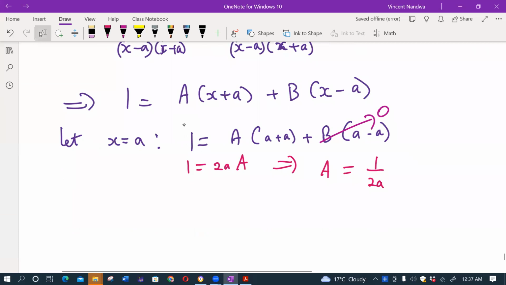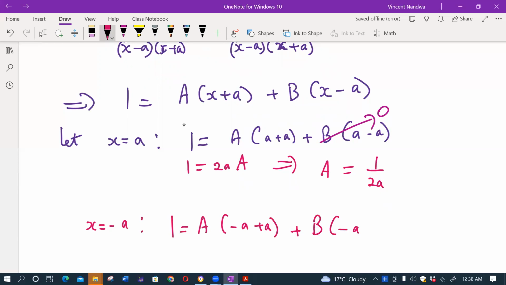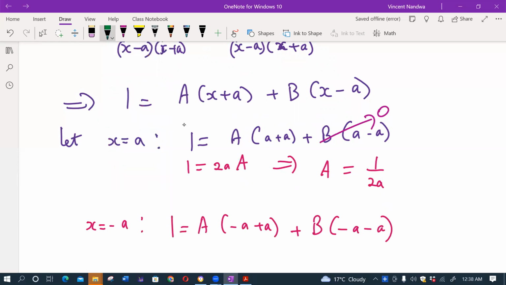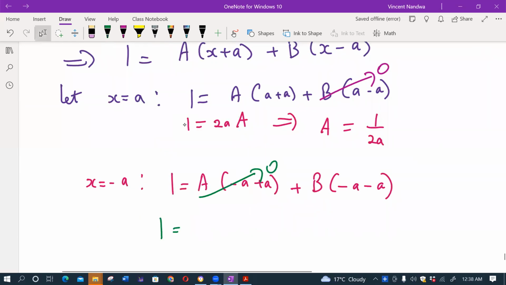Then we let x be negative a to eliminate A, so that we have 1 is A into (minus a plus a) plus B into (minus a minus a). By simplifying, this part will be 0, so that we have 1 equals minus 2a times B, which means B is minus 1 over 2a.